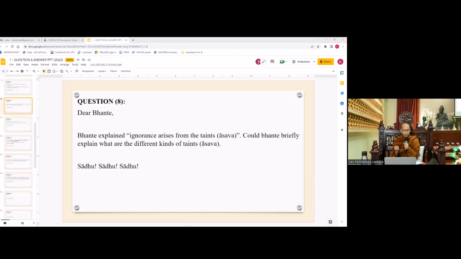In our daily life, sometimes it is kama asava, sometimes bhava asava, sometimes ditthi asava, and sometimes avijja asava. So avijja itself is considered in the asava group. It can give rise to the following ignorance. In this way, ignorance arises due to the asava.